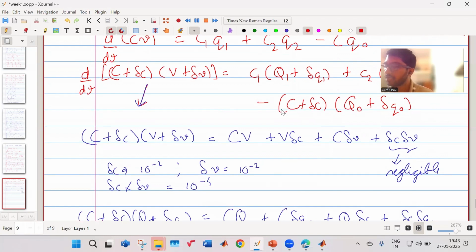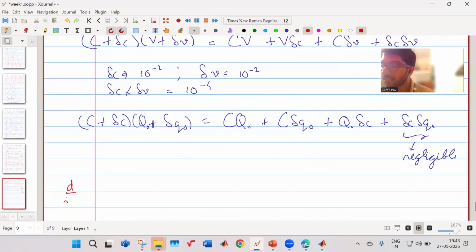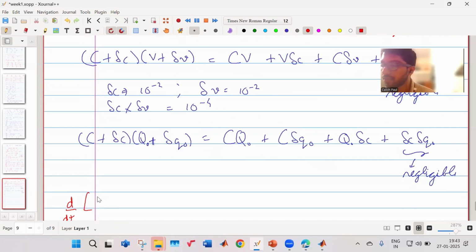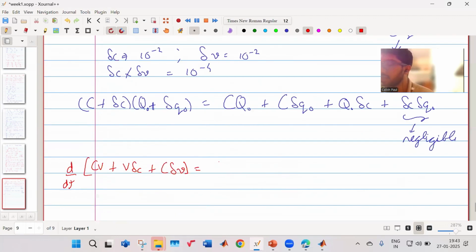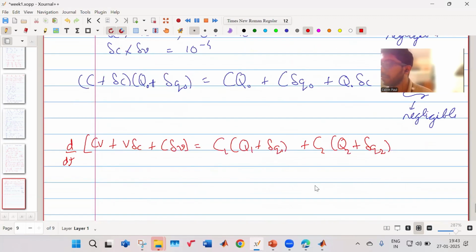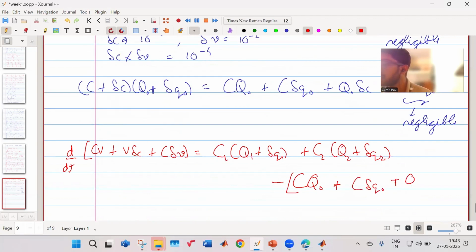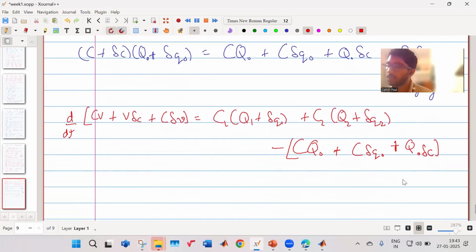So what do we write it as? d of dt of CV plus V into delta C plus C into delta V is equal to C1 into Q1 plus delta Q1 plus C2 into Q2 plus delta Q2 minus of C into Q naught plus C into delta Q naught plus Q naught into delta C. Okay, so this is the expression.